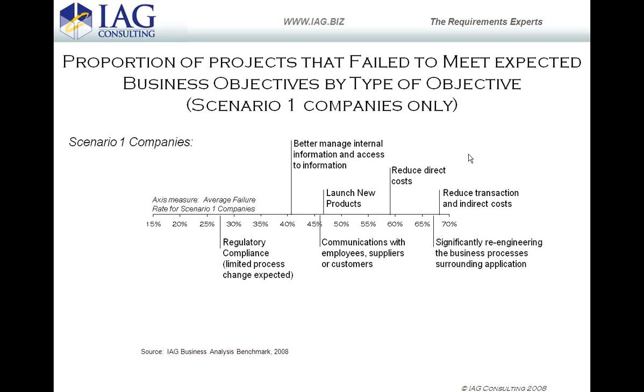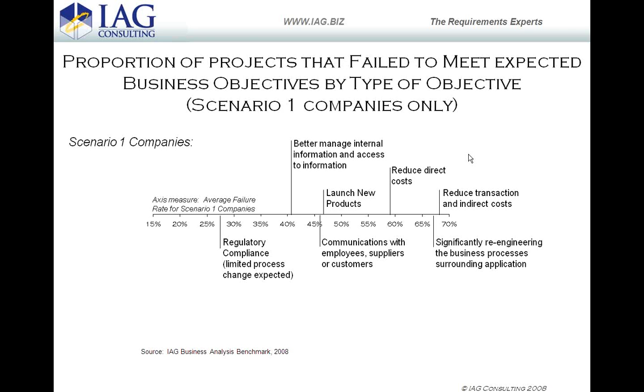So what happens is the higher the degree of process change, the higher the failure rate in projects. When you're dealing with something like regulatory compliance, so you get limited exposure to process change or better internal management information, which was the example that I gave you in the survey question, 78% have said, yeah, that's higher risk. The reality is those ones have far lower failure rates.